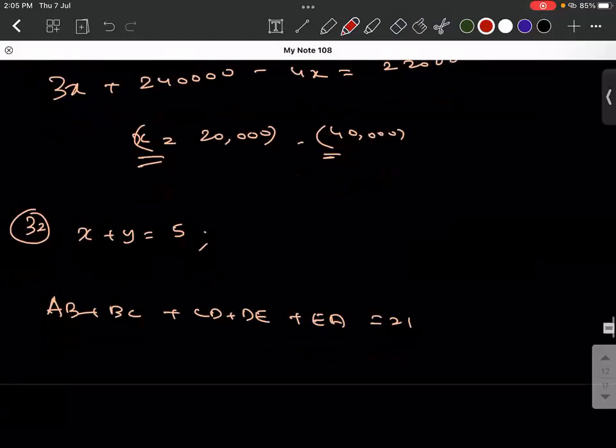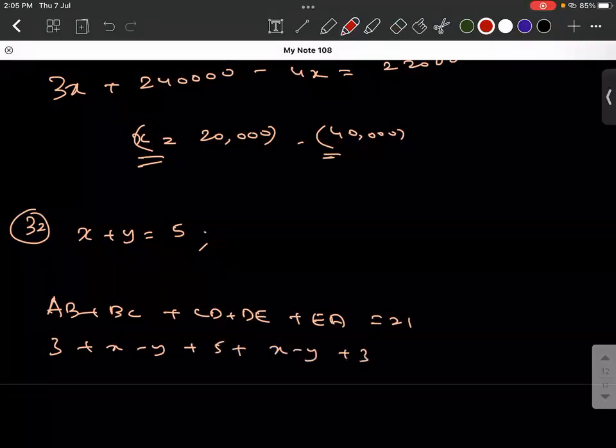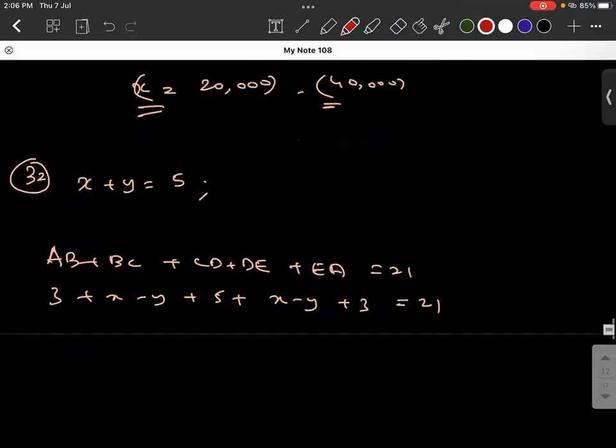What is AB? 3 plus x minus y plus CD, which is x plus y. X plus y is 5 only, no? So 2x minus 2y is equal to 5 plus 3 is 8, 8 plus 3 is 11.